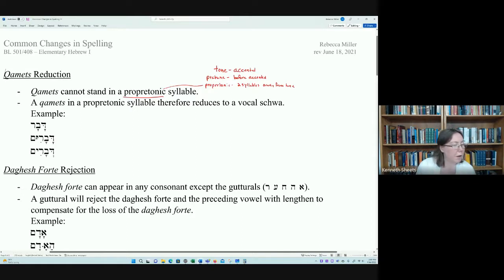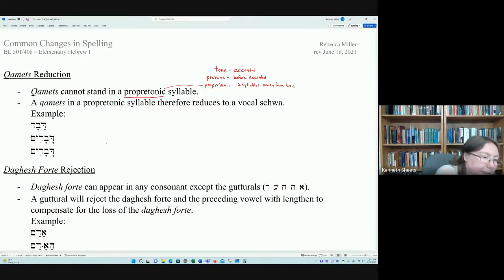So if we have davar, well, in this instance, the var would be the tone syllable, and the da would be the pretone. And kamets can stand in both of those types of syllables, so it's happy. But then I add the im ending, the accent therefore moves, which means that the beth is now the pretone syllable, and the daleth is now the propretonic syllable.